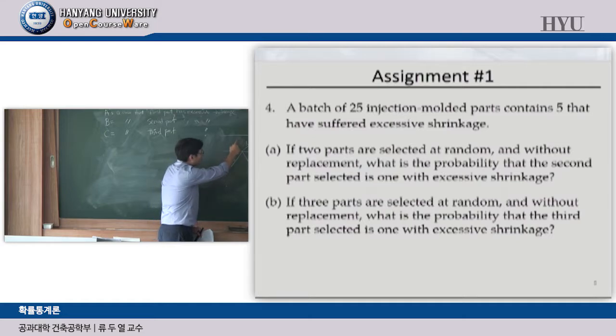Because 1 is already selected here, right? So the denominator should be equal to 24. The numerator should be equal to 19. Okay? So this is the conditional probability. So the first part is already selected, and we can have this case at the second part. Okay?